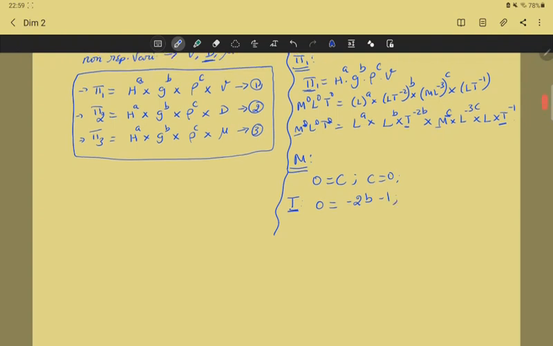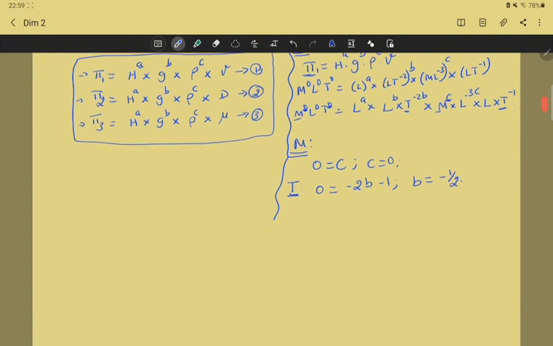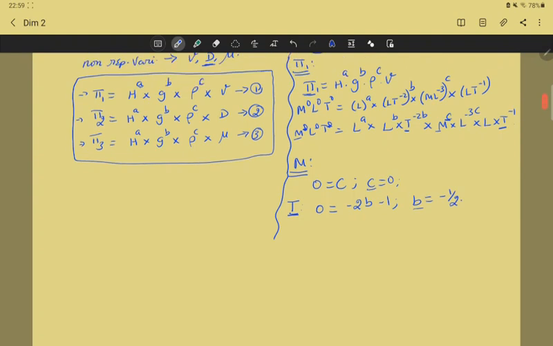If we rearrange it, minus 1 goes to the other side and becomes plus, and minus 2 goes to the other side and becomes divided by, so b equals minus 1 by 2. So I have found both the values for c and b.